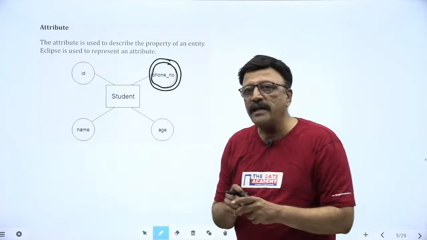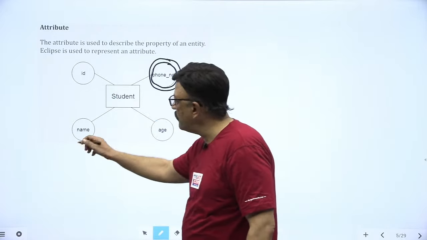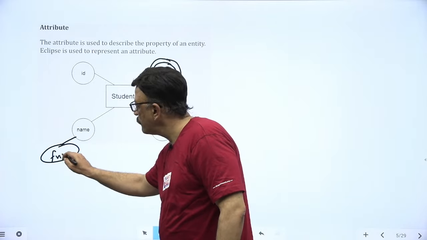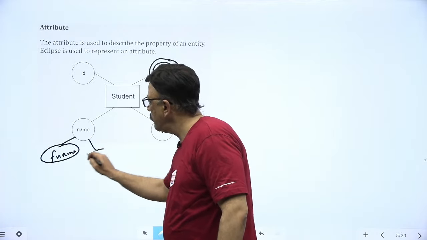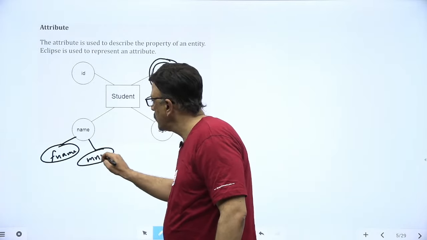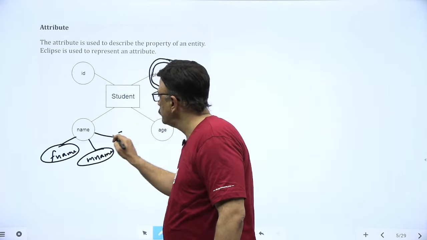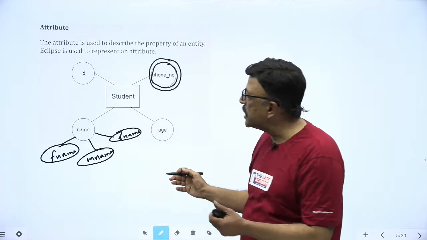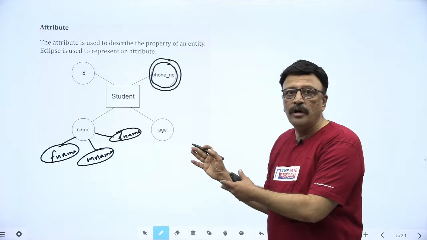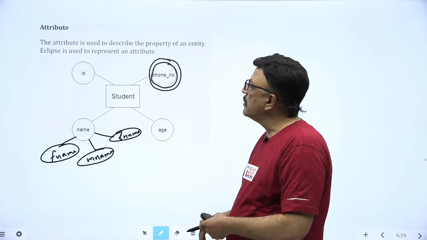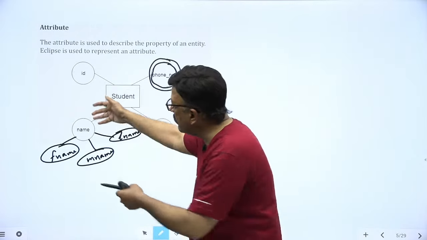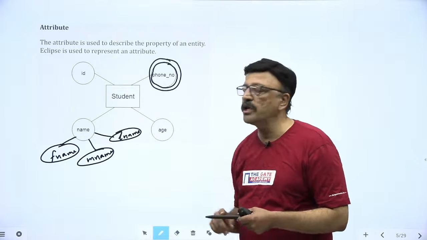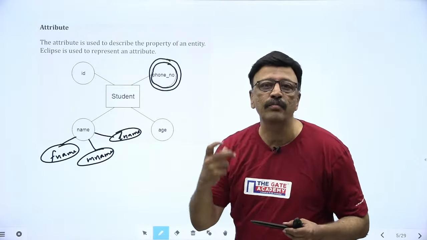What if you say that student has name and name is made up of first name, middle name, and last name? So I have made 3 more attributes, F name, M name, L name, to suggest that student has name and name itself is made up of 3 parts. Such an attribute is called a composite attribute.